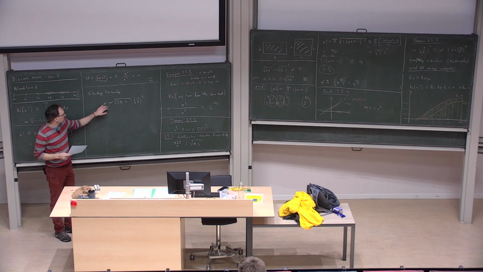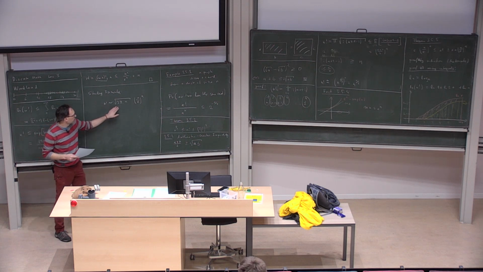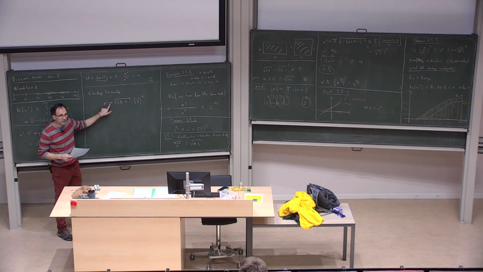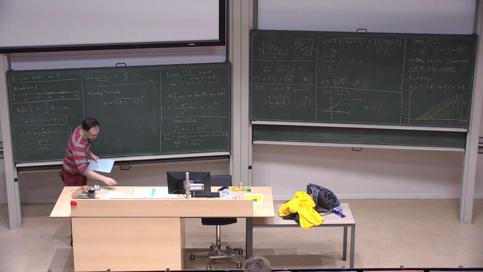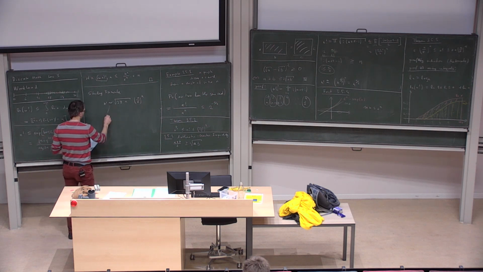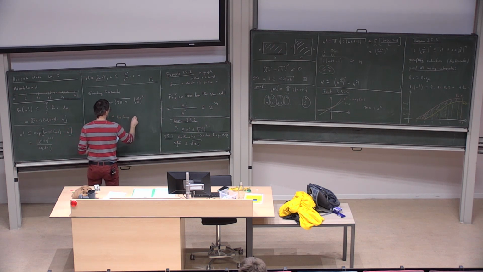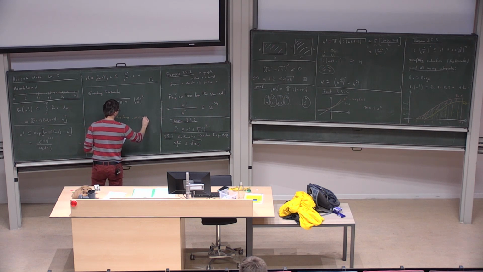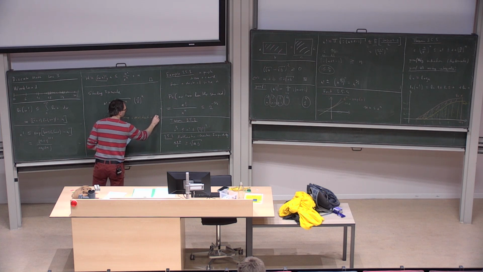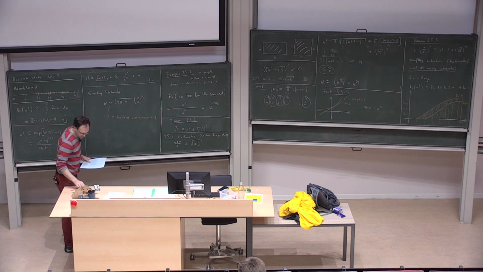So if you're interested in the asymptotics of n factorial, you get this. And this here means theta with leading constant 1.